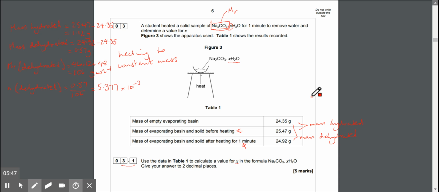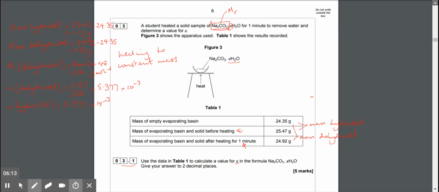Okay, now, as we said before, the moles of one has got to be the same as the moles of the other. Okay, so let's write that down. Moles of hydrated equals the same, 5.377 times 10 to the minus 3.